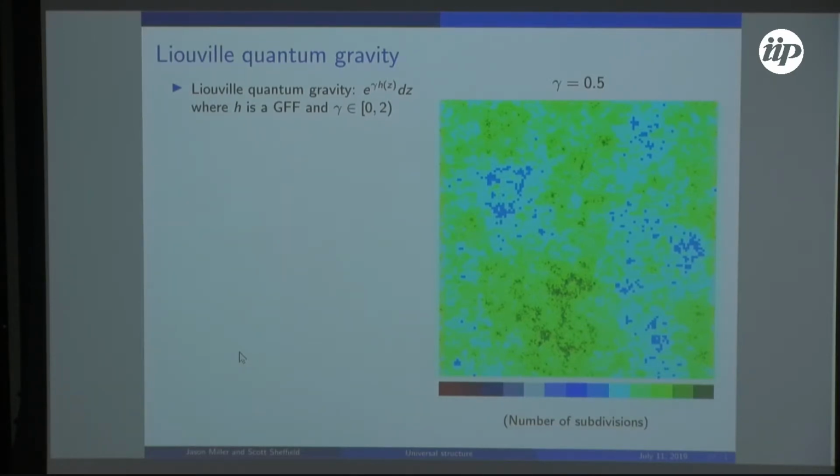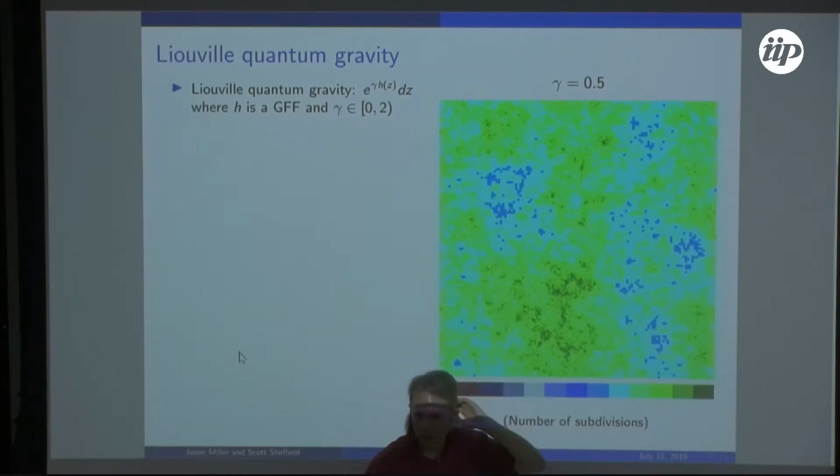But the simplest version would be to just take the Gaussian free field, either on the whole plane or in some domain, and take e to the gamma times the free field, where gamma is some parameter between 0 and 2. Then here I've taken a box.